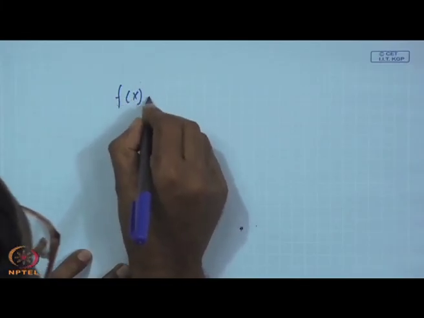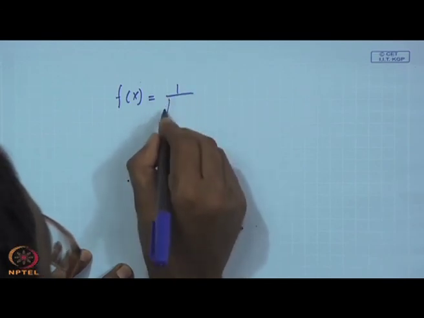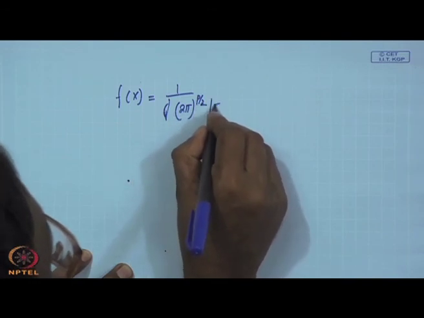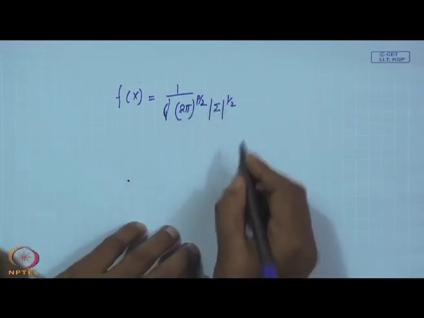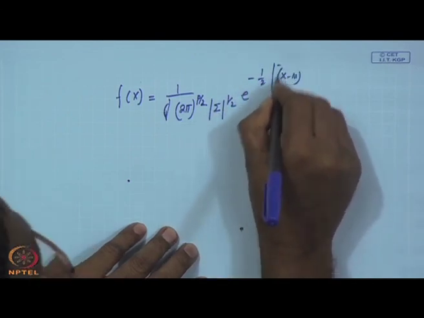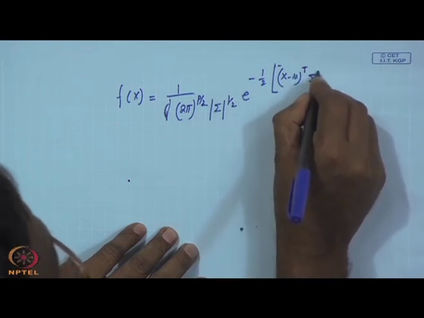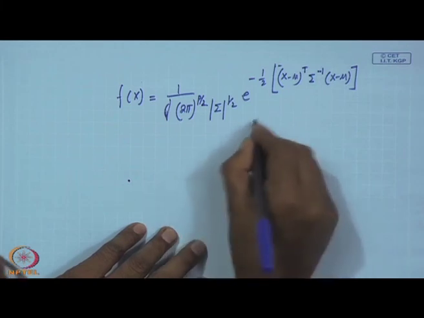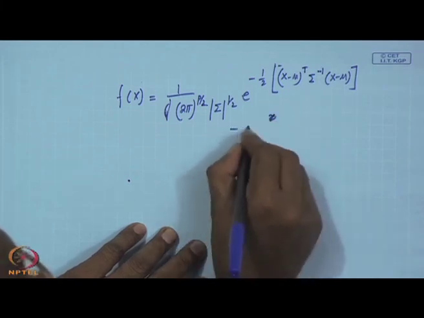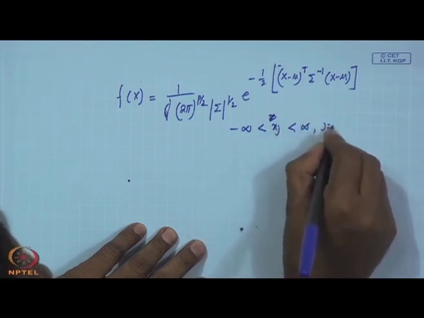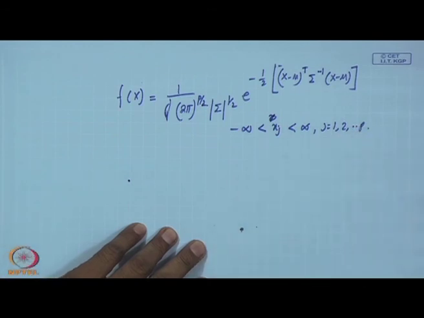First of all you must know that your multivariate normal density is 1 by (2 pi) to the power p by 2, then your covariance determinant to the power half, e to the power minus half (x minus mu) transpose sigma inverse (x minus mu). And definitely x_j lies between minus infinity and infinity, j equal to 1 to p.